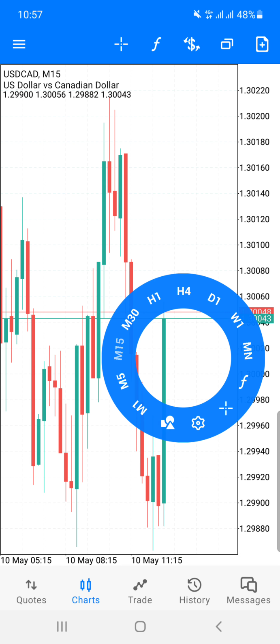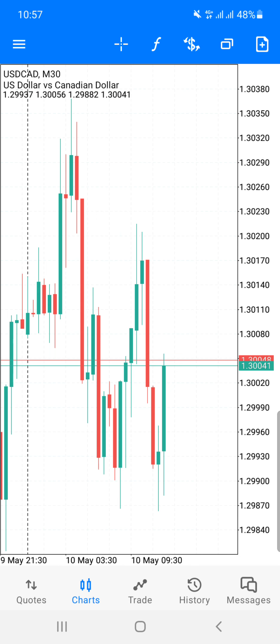If you go to M30, each candle forms in 30 minutes. If you go to H1, which is the 1 hour time frame, it takes each candle 1 hour to form. You understand? H4, each candle forms in 4 hours, so before a candle forms fully, it will take 4 hours.